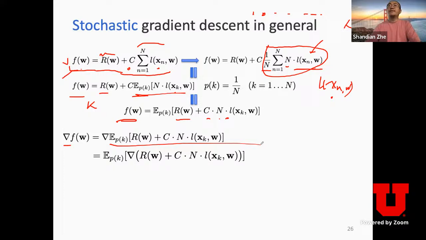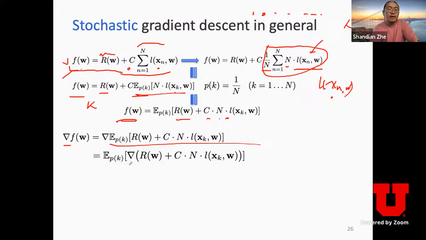Under mild conditions, you can switch the gradient and the expectation. So basically, you can switch the integral and the gradient. In many cases, you can just switch them. So the gradient of the expectation is the expectation of the gradient.